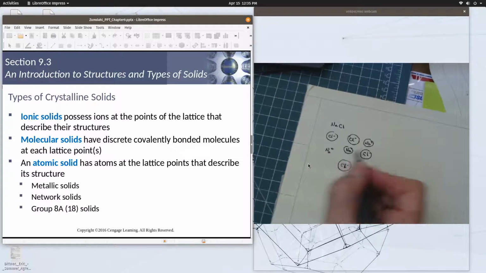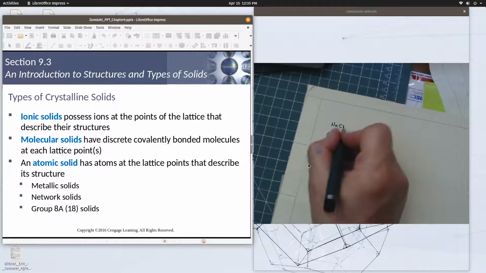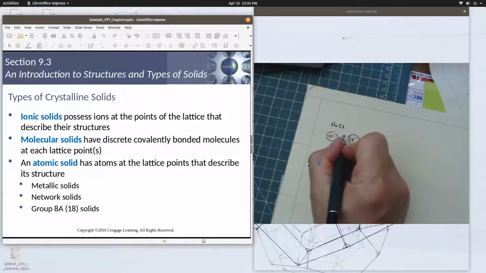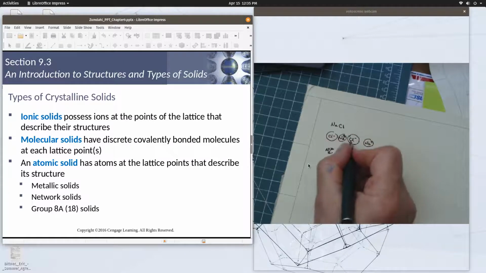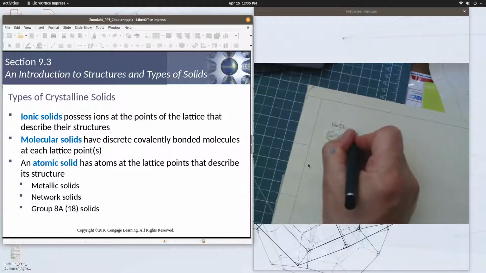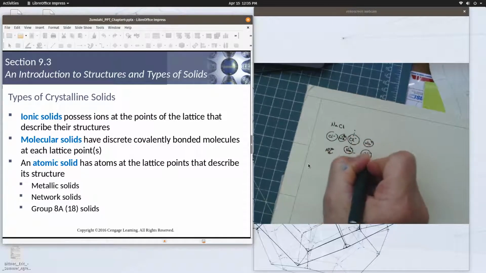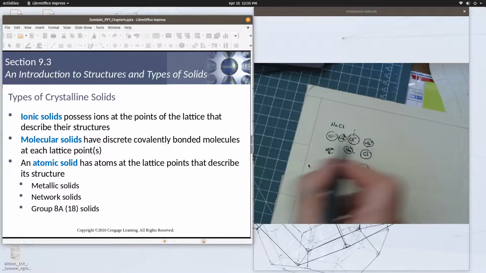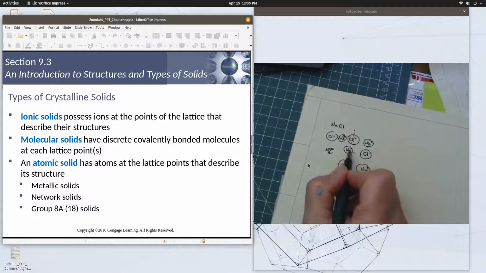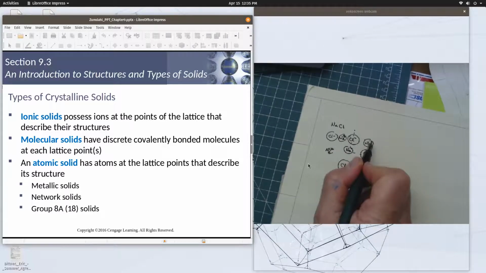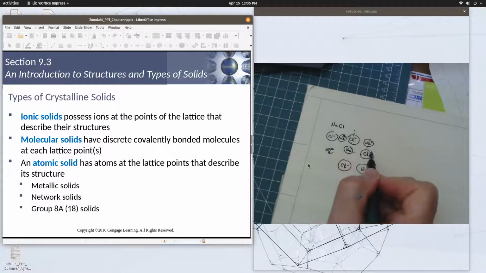Let me make sure I get this right. So I need a sodium in between each one of these. So basically I have each sodium chloride. I could take this unit cell and chop it up, for example, like this, and I would have a 1-for-1 sodium chloride match. So the net charge of the unit cell is neutral.